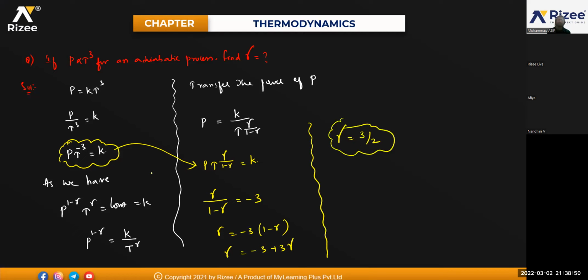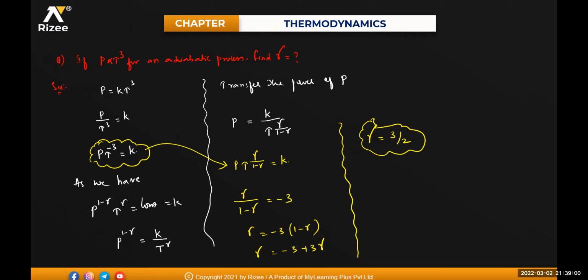So that is the value of gamma. Got it? Clear, beta?